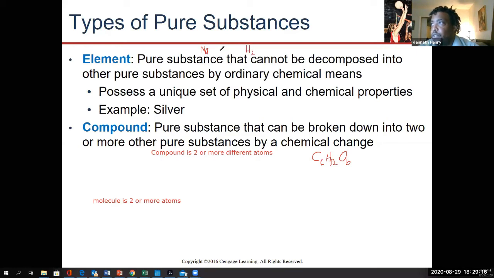So these are two examples of elements. This is a compound. And these are examples of molecules. You guys got it? So let's test this out.